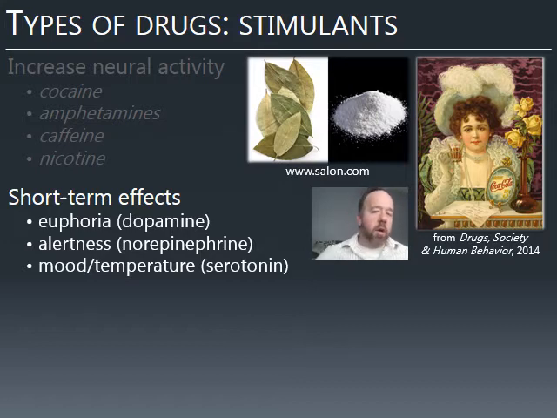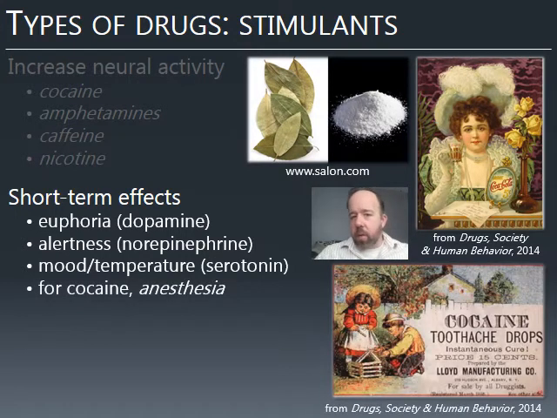So you have more serotonin in the cleft, it can act longer on postsynaptic receptors, and so cocaine, and to a certain degree amphetamines, increase serotonin levels. And so this causes a change in mood, usually improves mood, but also can have a dangerous consequence with regard to body temperature. Body temperature can get dangerously high.